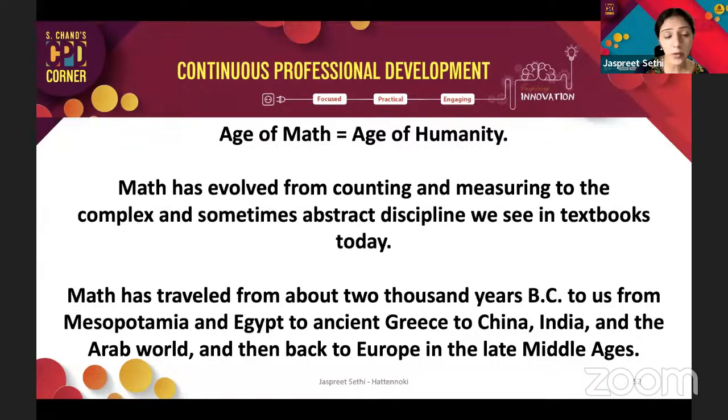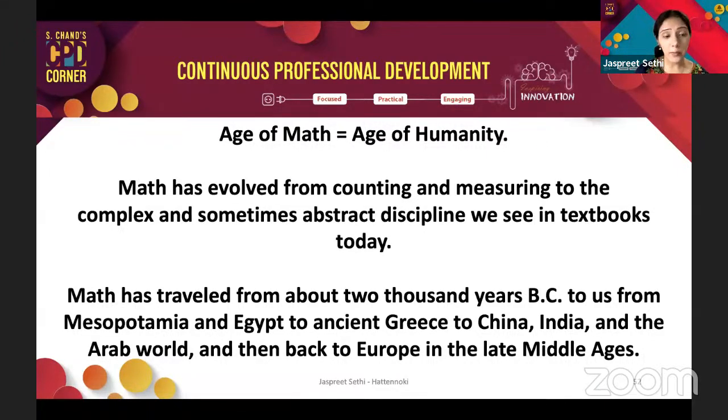Of course, India has contributed a lot, but I also use an analogy a little later on how a lot of it has really been a global village where math ideas have traveled the world.